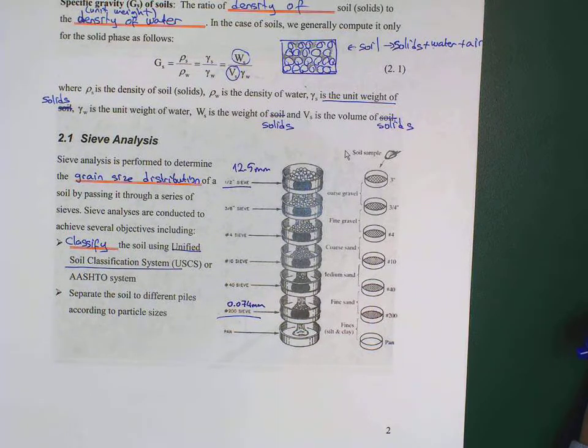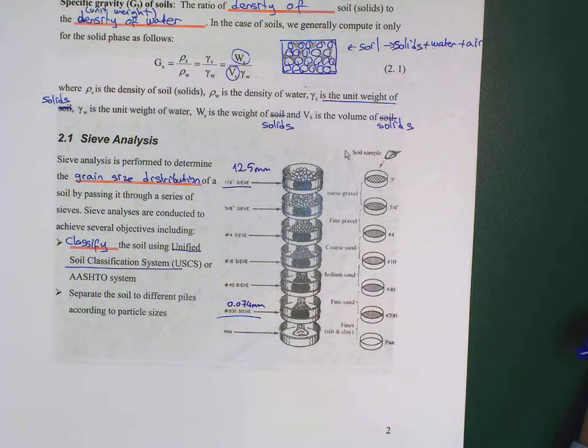If you have 10% clay and 90% sand, we have a different type of soil. Call it SL. Well, there's no SL, I'm sorry, SC. So clayey sand, for example.